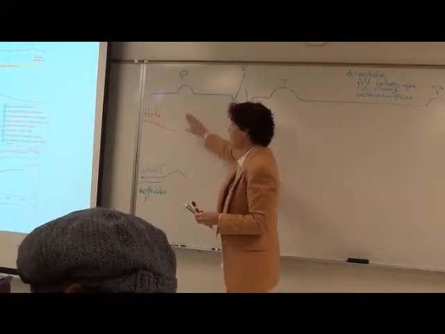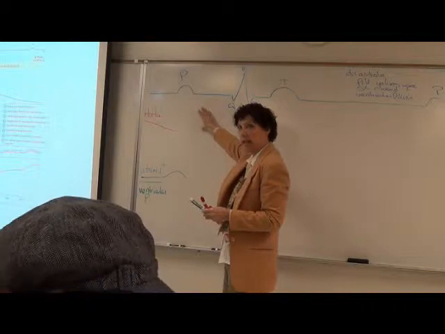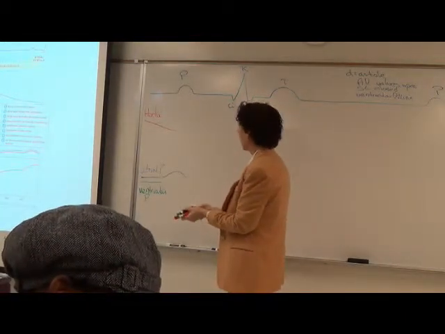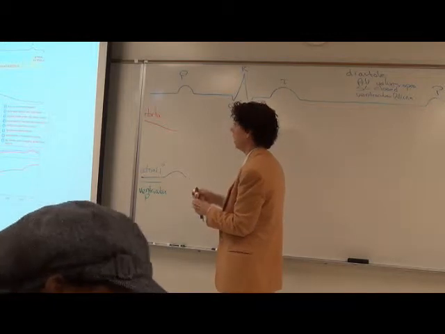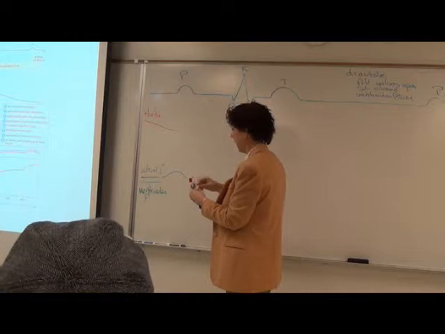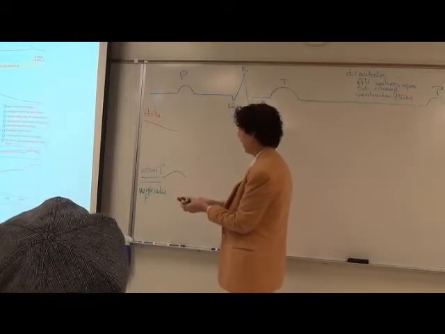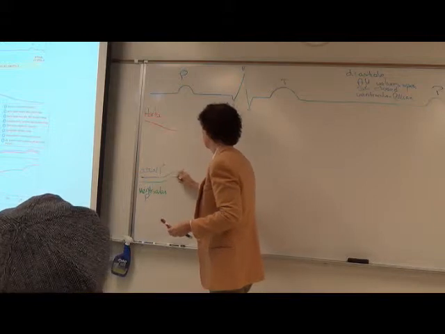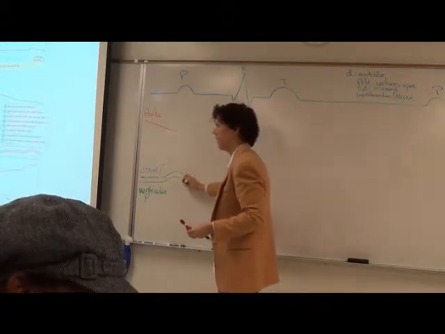So now atrial pressure starts to drop as the atrial depolarization is finishing. And during this period of time, and I've got a prolonged space here, longer than what you see over on the screen, we see a rise in ventricular pressure. Okay.